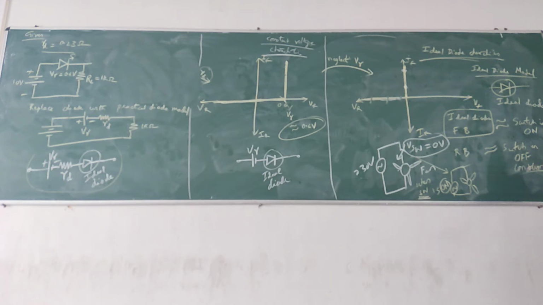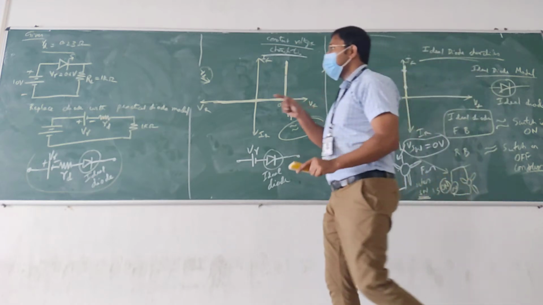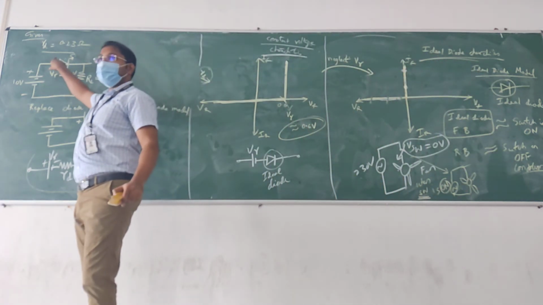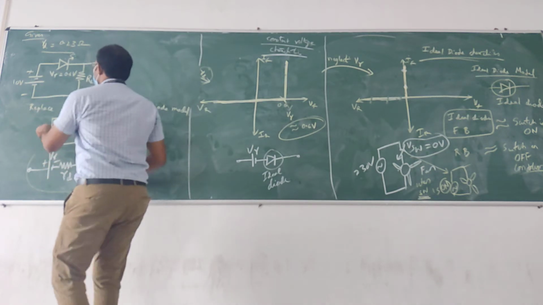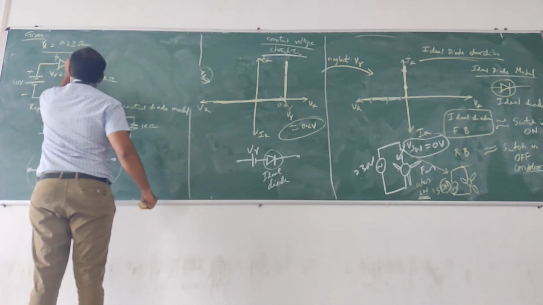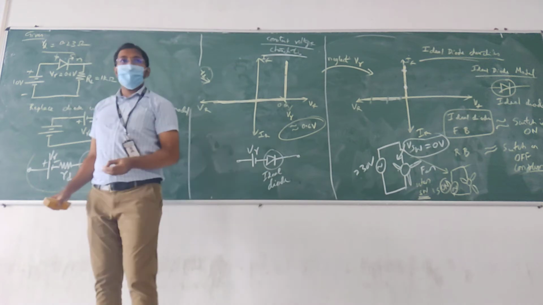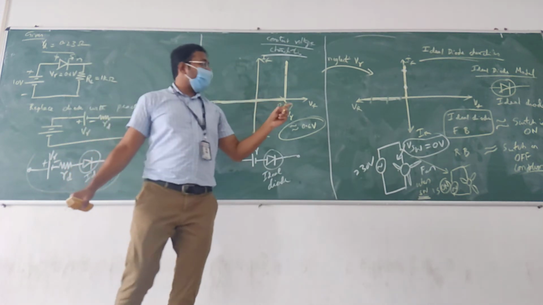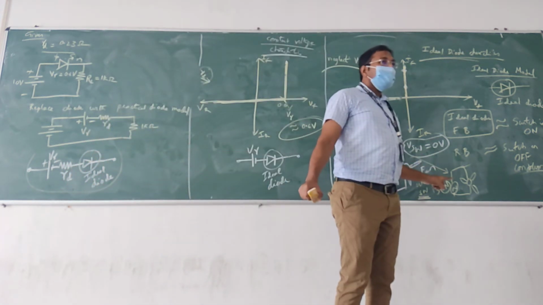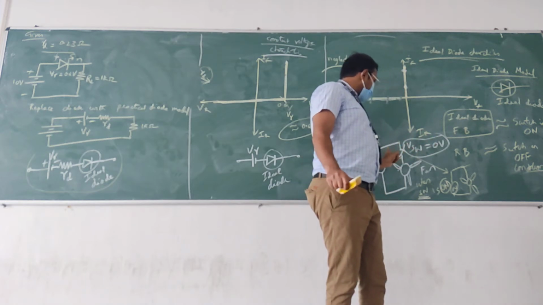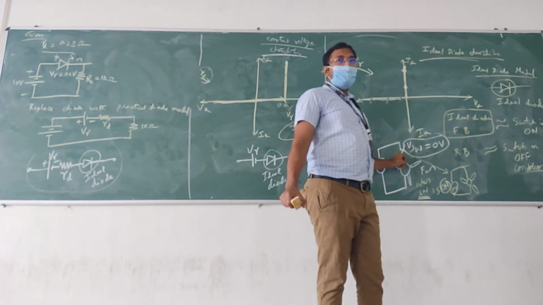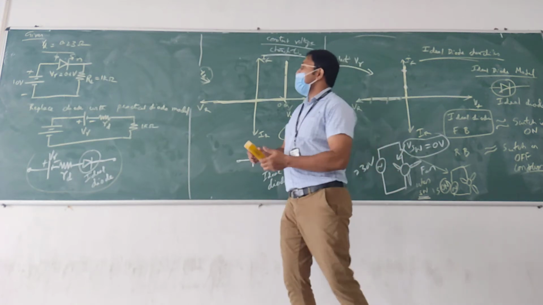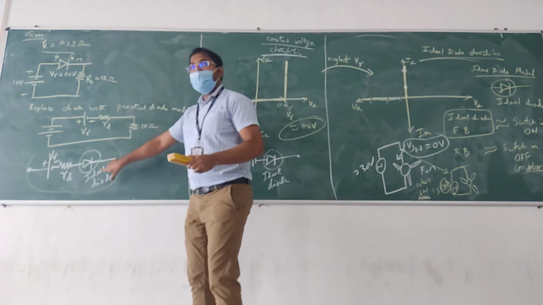Now, all we have to identify is whether the diode is forward bias or reverse bias. Here the diode is forward bias. See, P side positive: forward bias. Forward bias means switch on, and switch on means it is as good as a direct connection. So I need not put an ideal diode.